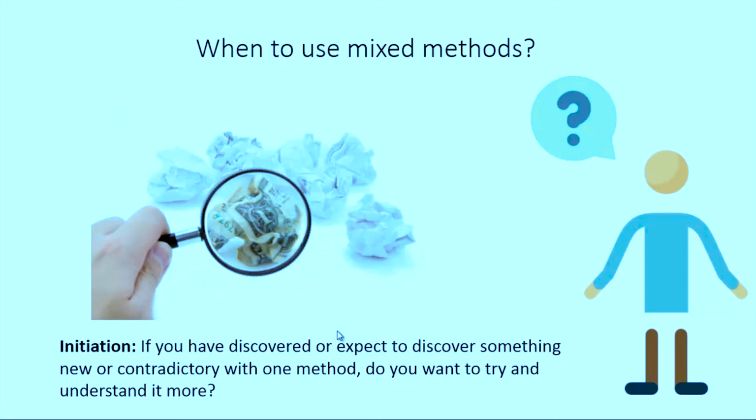Here, if you discover or expect something new or contradictory in one method, you want to explore more with different method. So that, for example, we find something different with the previous finding in quantitative study, and we want to know why the study findings are different. And then we use qualitative studies.